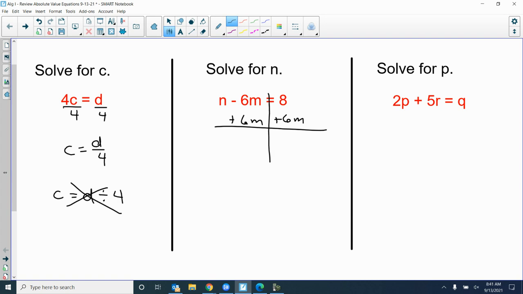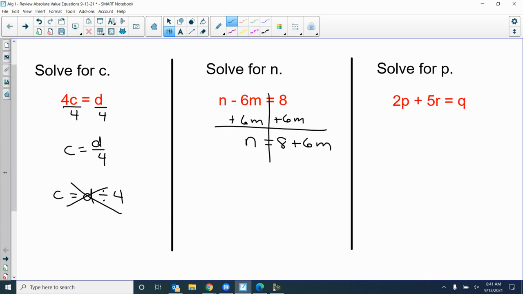Me still? Yep, you still, sorry. Now wait a minute. Can you actually add those together? No. Nope. What's left over on the left-hand side? It's N equals 8 plus 6M. Good.